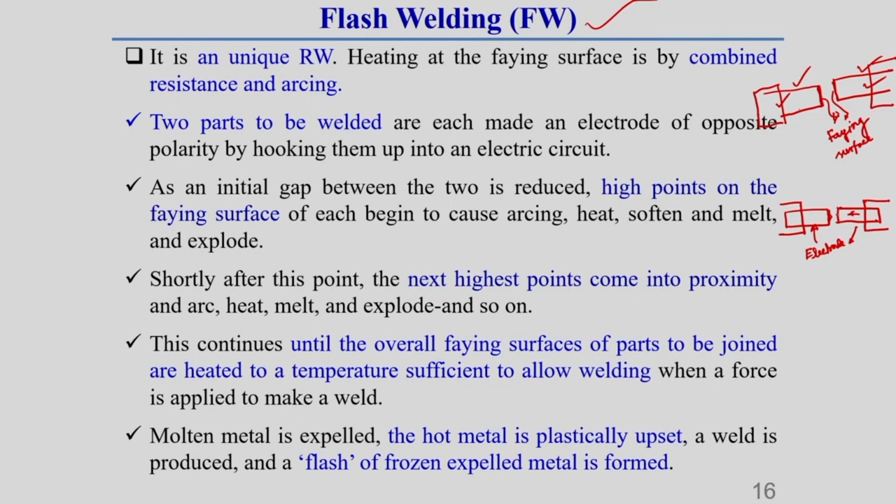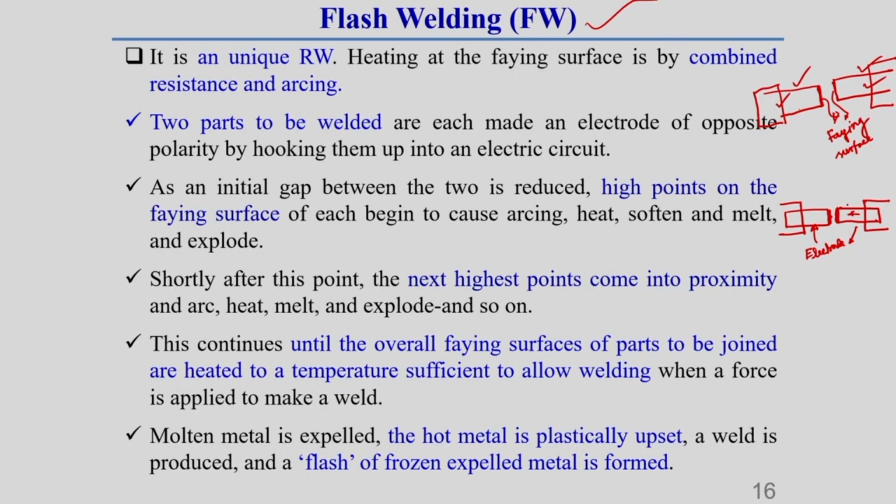Due to this arc, that high peak point will be heated, then the next subsequent peak will be further heated, and gradually the overall surface of the workpiece will be heated.